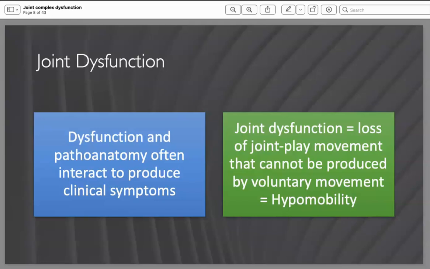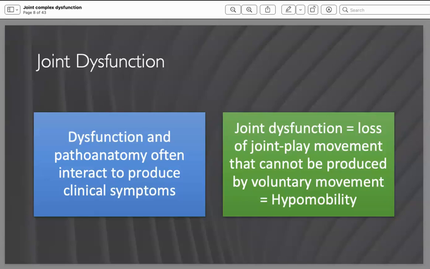When we are referring to joint dysfunction, we're referring to a loss of joint play movement that cannot be produced by voluntary movement. So some level of hypomobility or decreased motion. What that means is when you palpate and you go to end range, we get a loss of joint play at that end range, right?